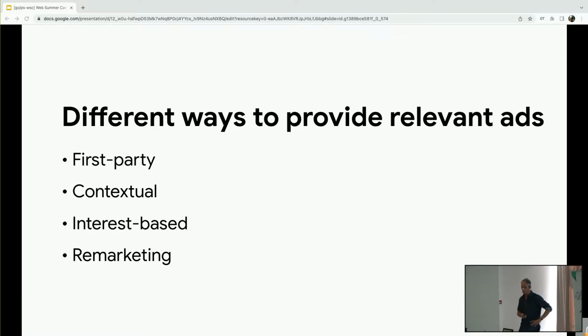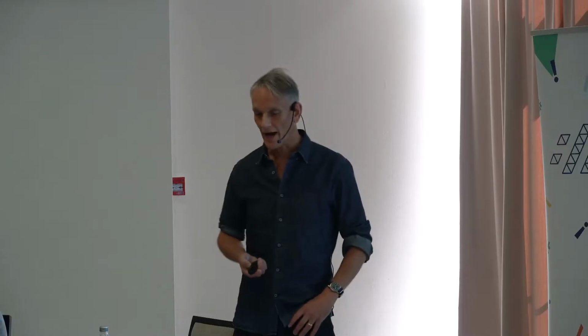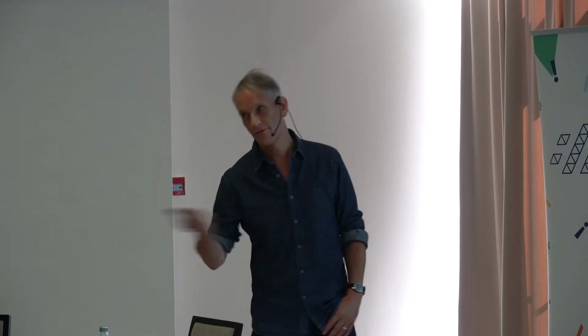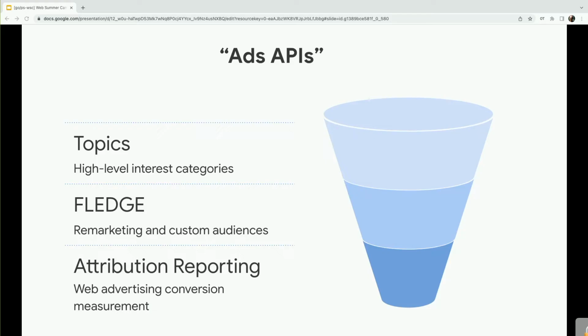Then you could have interest-based relevance, which is stuff like showing this ad to users who, in their browsing behavior, showed some interest in trail running. And remarketing is where you've previously had an interaction with an advertiser, and they want to drive you back to their site. We've all encountered those ads, I'm sure.